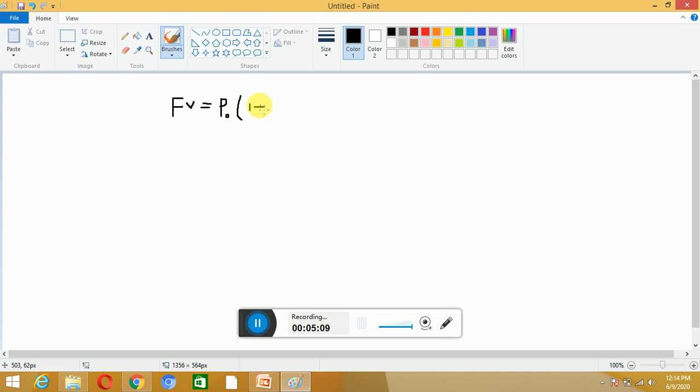Future value equals P naught times (1 plus I) raised to the power n. Now we want to calculate this P naught, the present value.